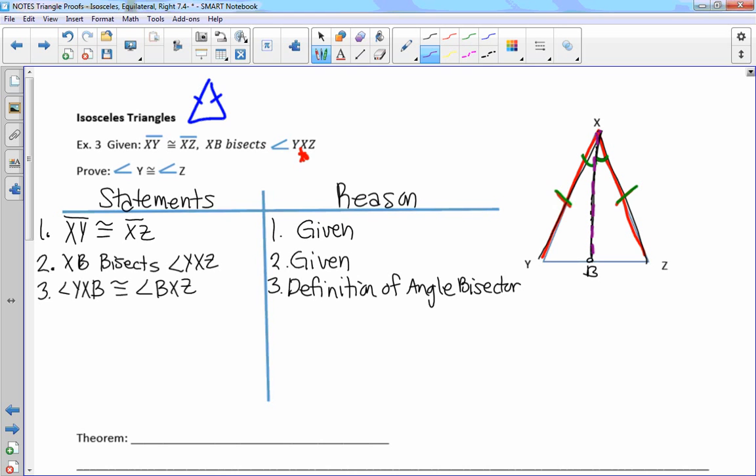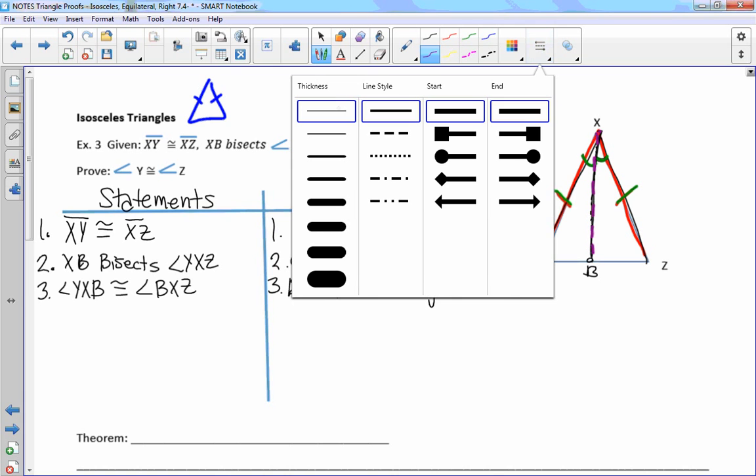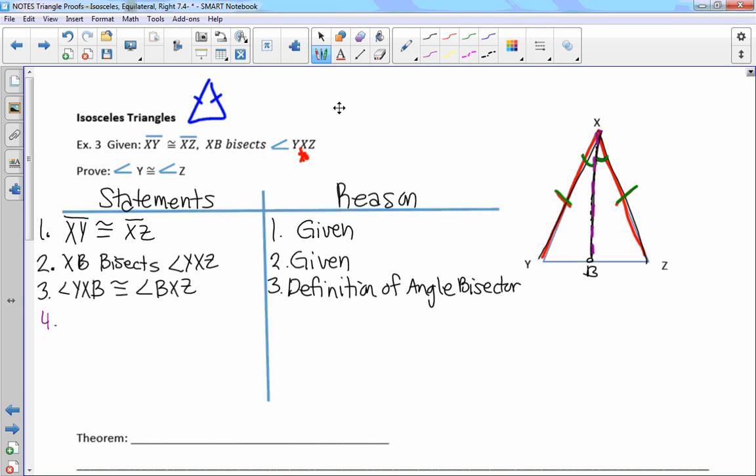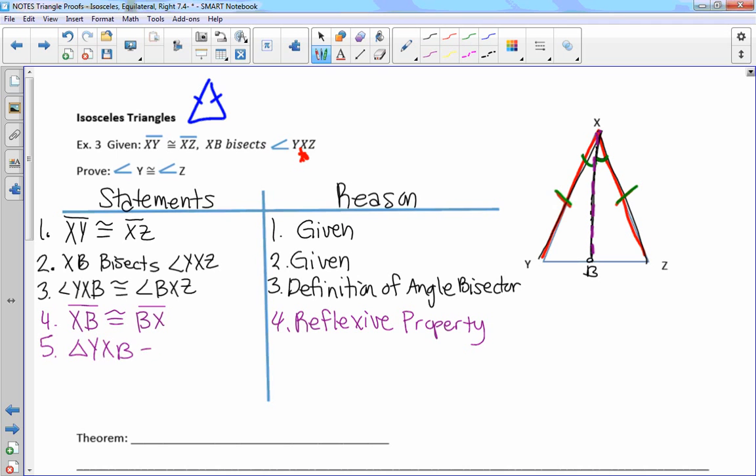So, what property did we learn a few days ago that says anything is congruent to itself? Good job. You're right. The reflexive property. XB is congruent to BX. That's number 4. XB with a segment above it is congruent to BX. Anything is congruent to itself. The reflexive property. So now we can say that triangle YXB is congruent to the other triangle by which one?